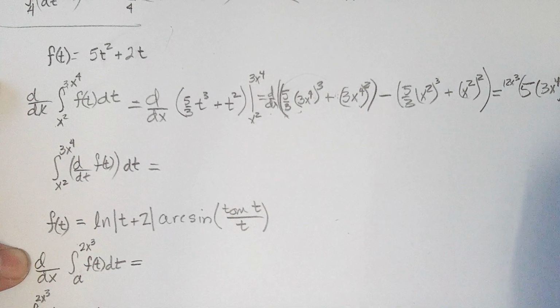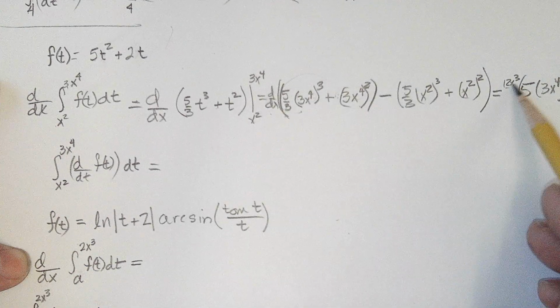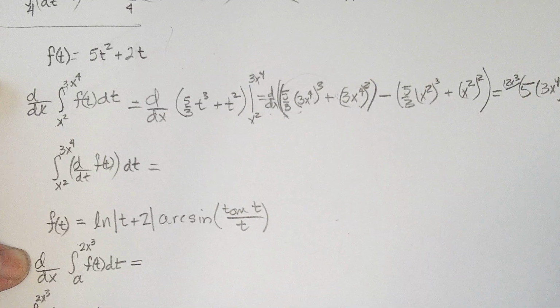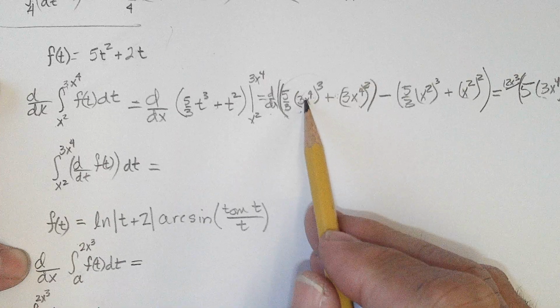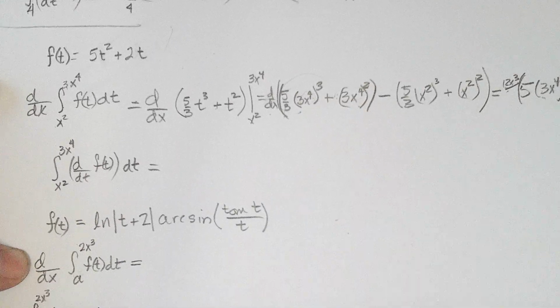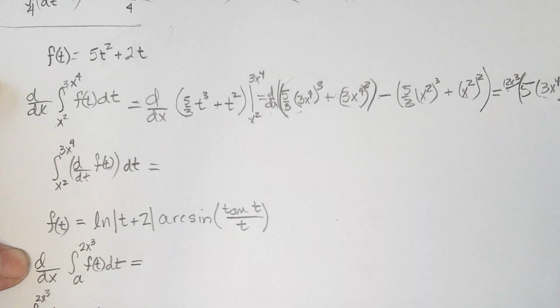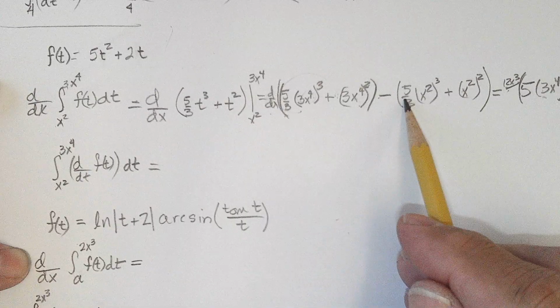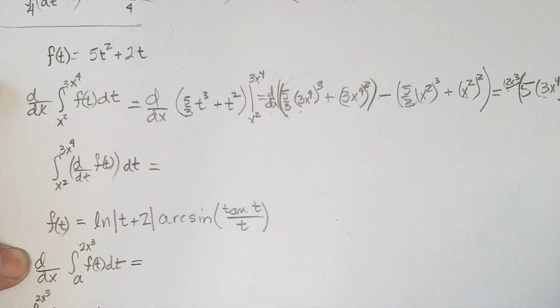So I'm going to move this parenthesis and say this is times both of these, because both of these had the derivative of the inside. Chain rule makes that 12x to the third. And then I got minus. Now I got to take the derivative of this. Well, the 3 is going to come down, cancel the 3.